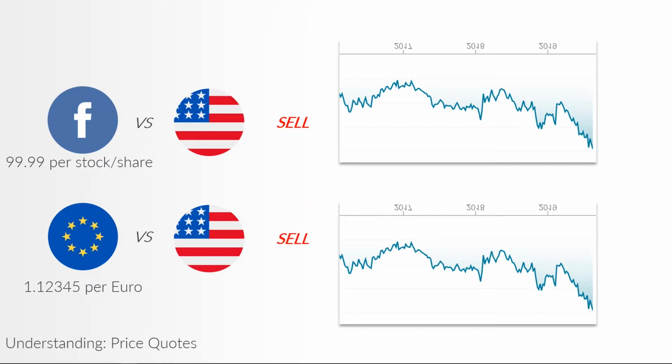And the exact same thing works in the exact same way with the currency market. Now, in fact, it's actually easier in the currency market. We'll talk about some of the reasons why.